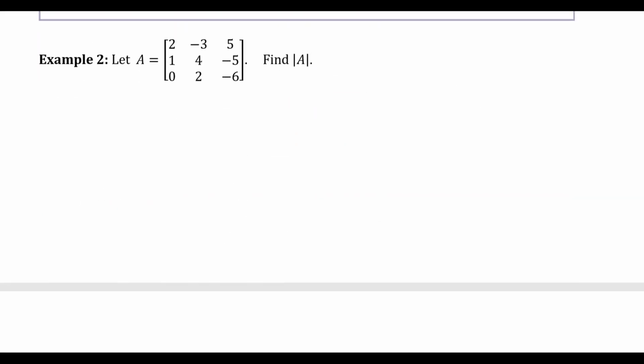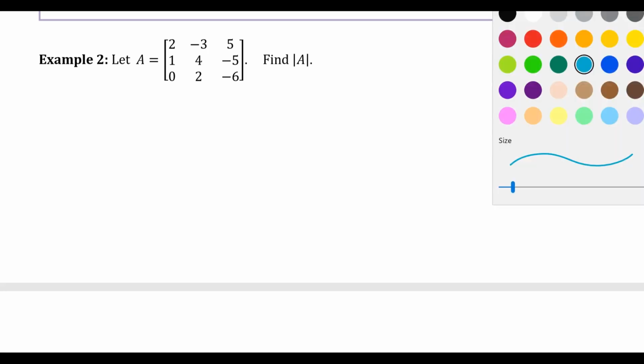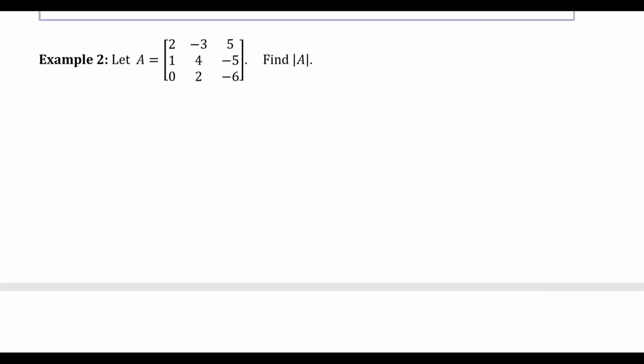So let's try this on an example. Let A be the matrix 2, 1, 0, -3, 4, 2, 5, -5, -6, and I want the determinant of A. I'm going to come over here and set up this matrix again, copying down the first two columns.